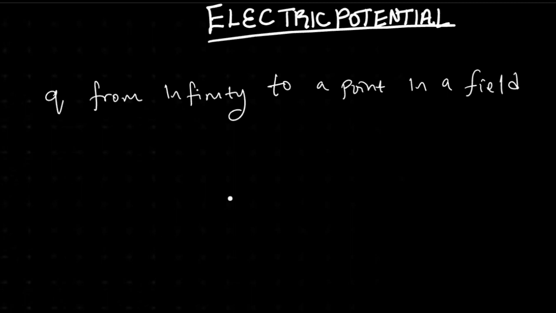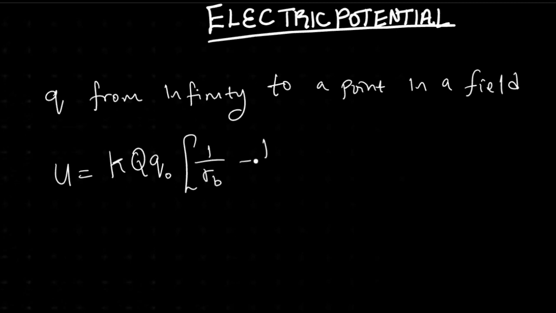So when we take a charge from infinity to a point in a field, that means that we'll have U. Remember the formula we derived before, that U is equal to KQQ naught, 1 over r_B minus 1 over r_A, is it not? Now let's say this r_B is the normal distance we are using.